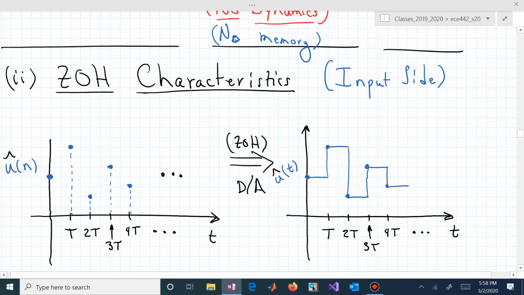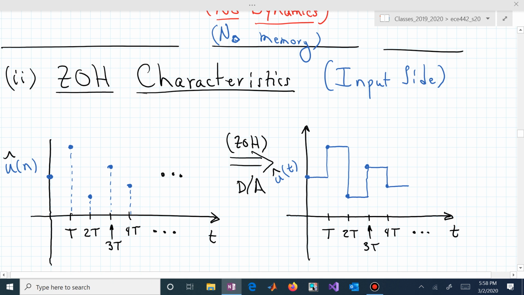If you now had a sequence of numbers, which I'm referring to now as u of n hat, given this sort of up and down shape, it would now look like this stair step, this uneven step picture, when it's now on the analog side.